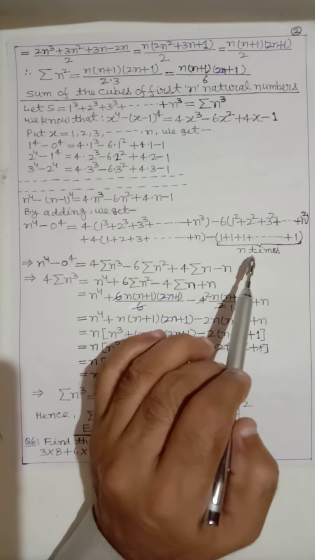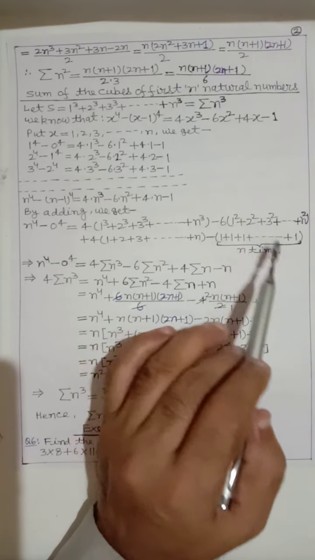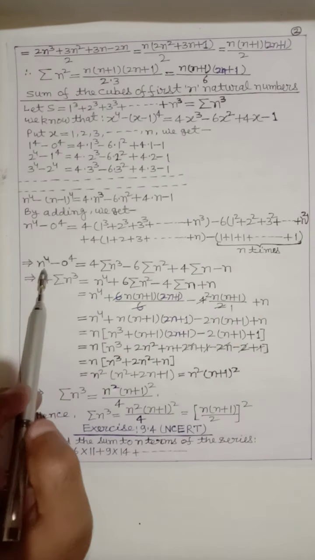Here this is n times, we can also say, and here n to the power 4 minus 0 to the power 4.